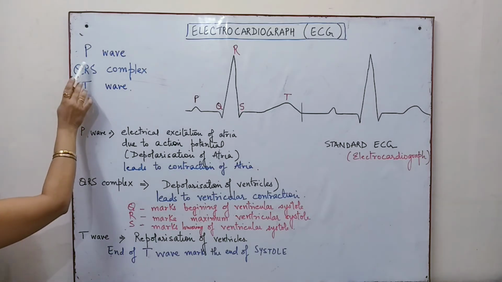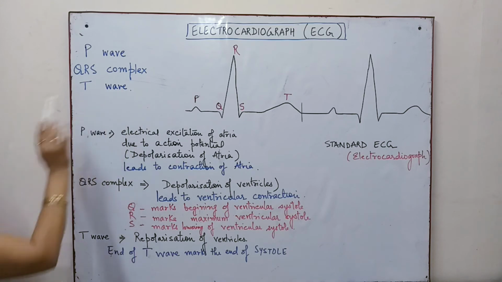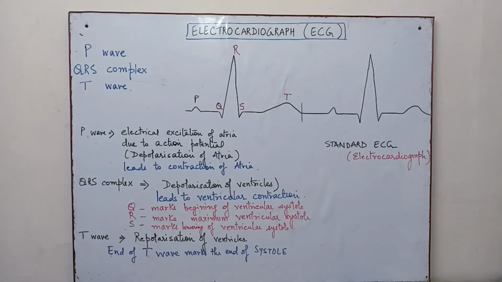So one cardiac cycle will comprise the P wave, QRS complex and the T wave. The end of the T wave marks the end of the systole. Now let us study how each wave corresponds to what it means.